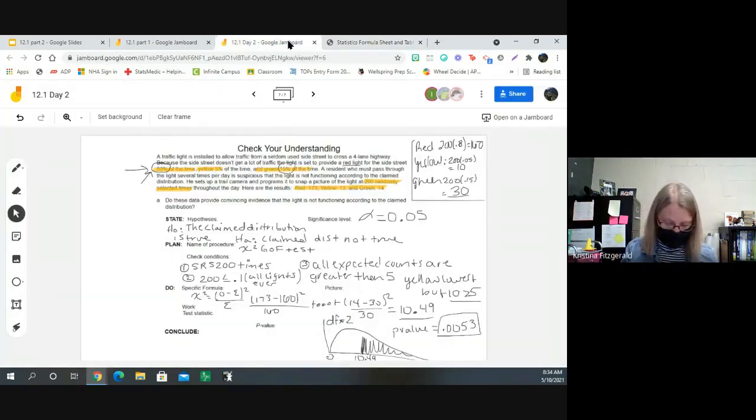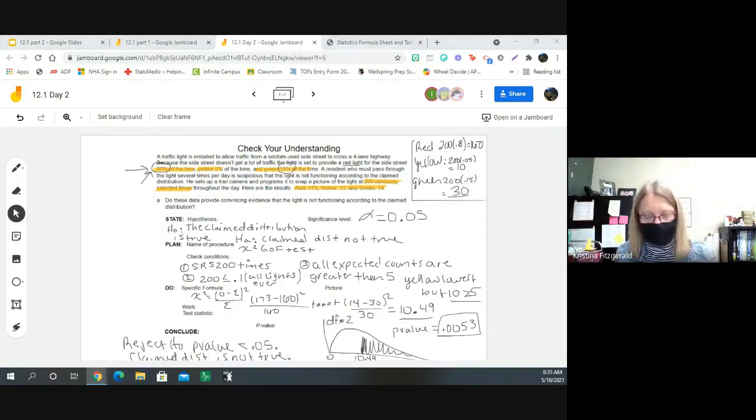On this one, we are going to reject the null because our p-value is less than 0.05. So the claimed distribution is not true. So basically, you're getting screwed on your traffic lights in this town. Whatever they're claiming is not actually happening.